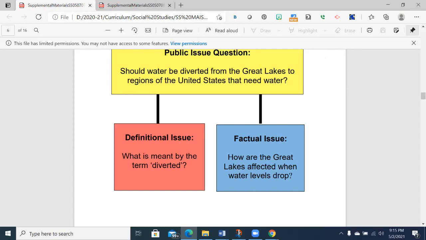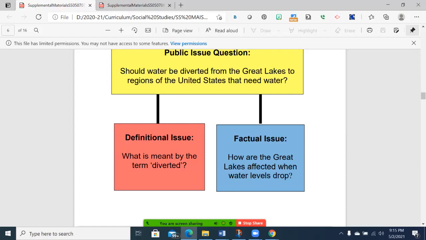And remember that in a way, this becomes an international issue because in addition to Michigan, Wisconsin, Minnesota, Illinois, Indiana, Ohio, Pennsylvania, places like Ontario and Quebec also have a say in what happens to Great Lakes water because we do share international borders there.